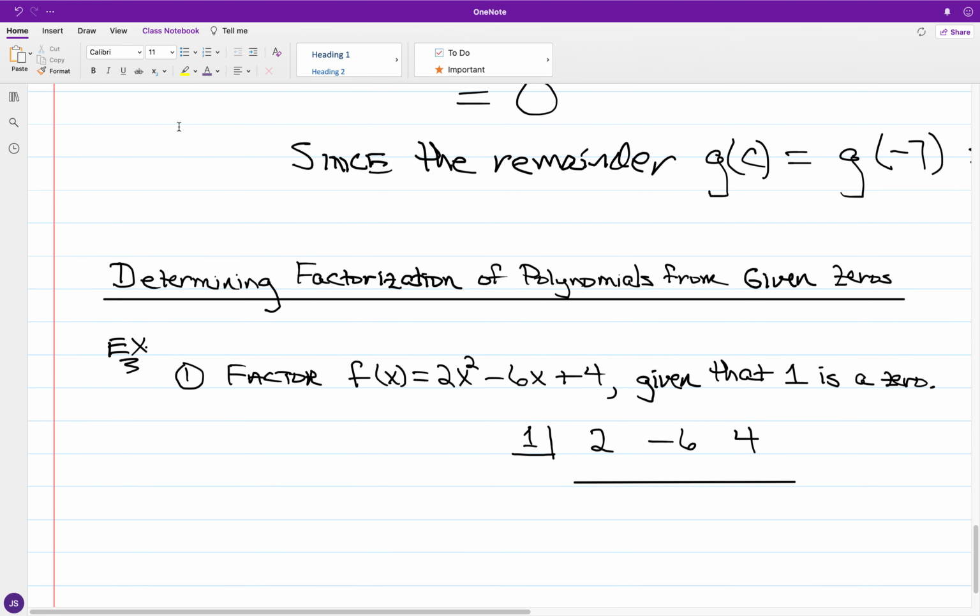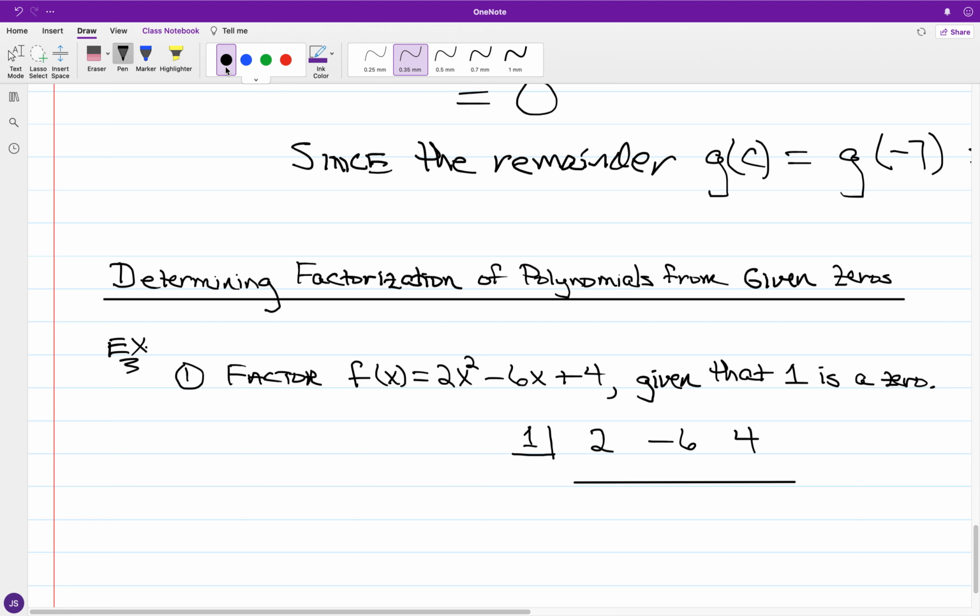With the use of synthetic division, the leading coefficient from the dividend is brought down. Then 1 times 2 is 2, and negative 6 plus 2 is negative 4. Then 1 times negative 4 is negative 4, and 4 plus negative 4 is 0.